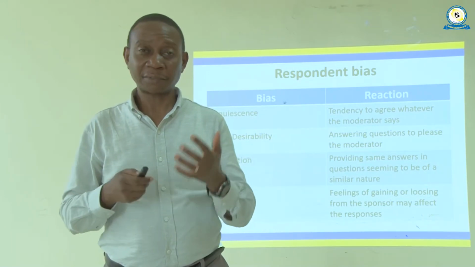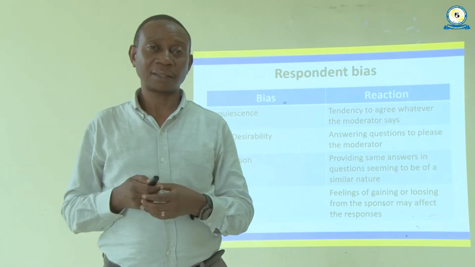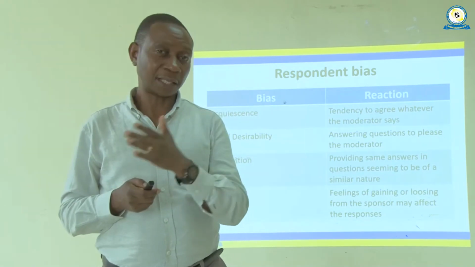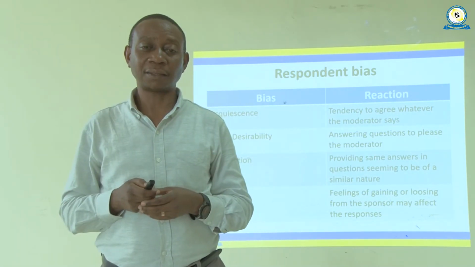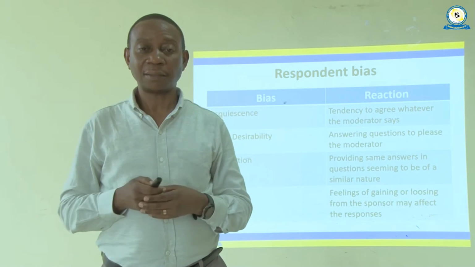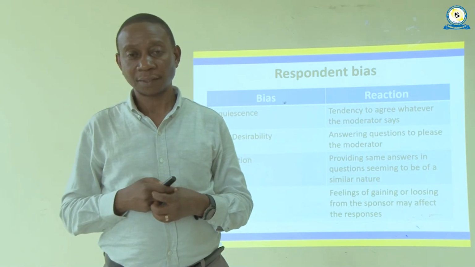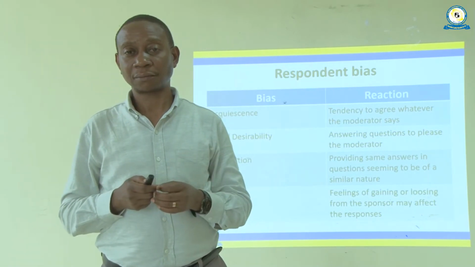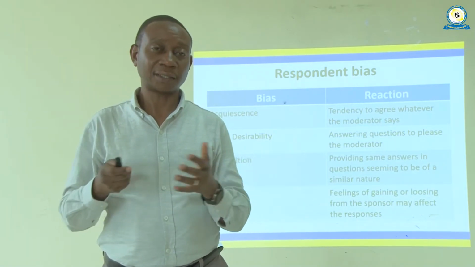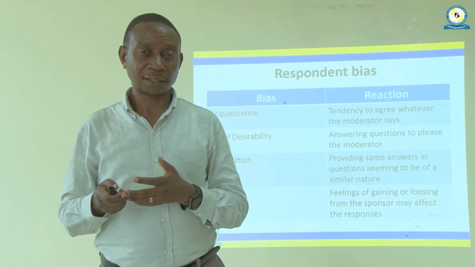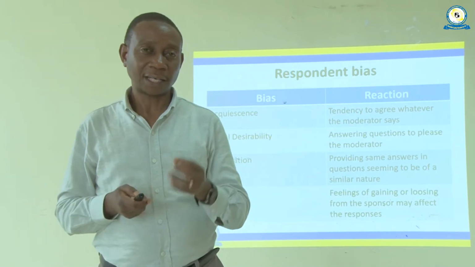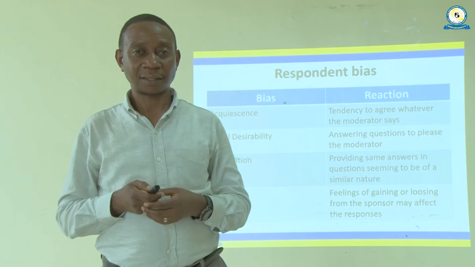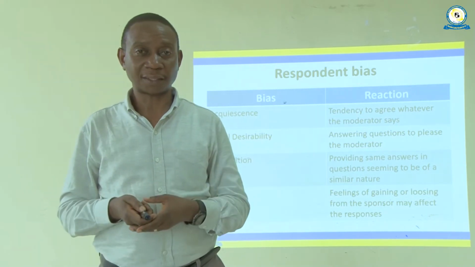If they feel that there is no payment and no reward, this may affect the responses that will be given. So sponsorship also may affect the information that is given by the participants, that should be given by the respondents.